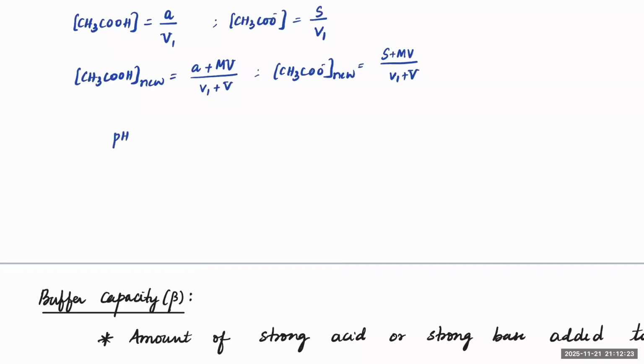Hence, now if you write the pH new, it will be equal to pKa plus log of salt concentration, which is S plus MV divided by A plus MV. Sorry, S minus MV divided by A plus MV.